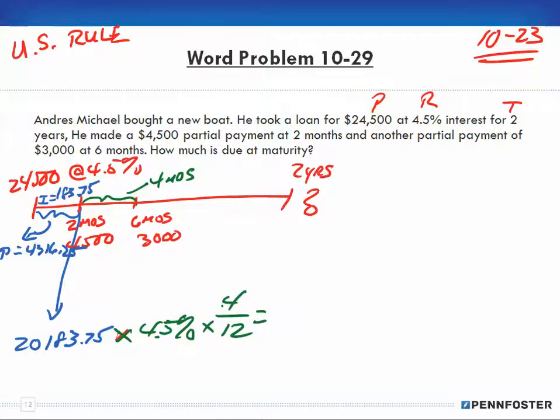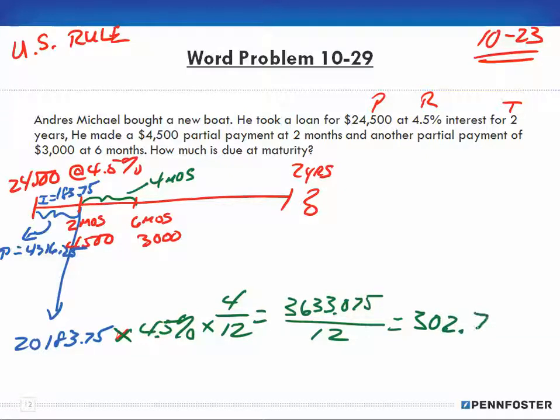So we take our 20,183.75 times 0.045 for our interest times 4, and I get 3,633.075 over 12. I divide by 12, and I end up with 302.756.